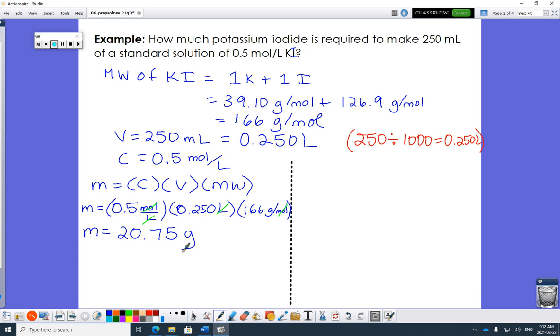Or you can do it in a two-step way. So concentration and volume can be used to find moles. So you multiply.